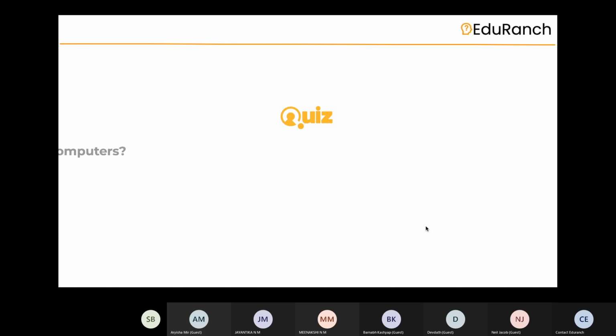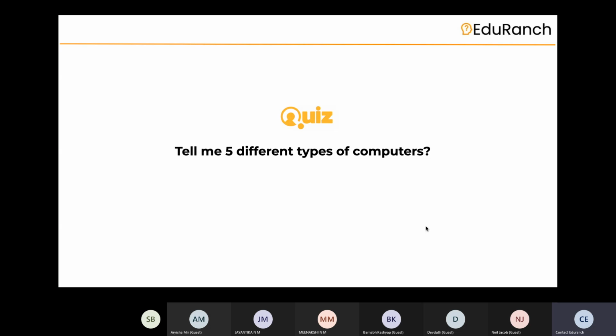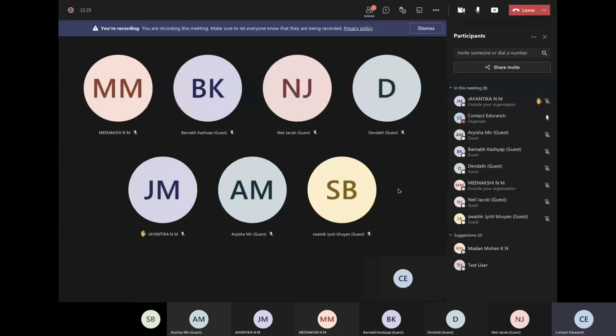Okay, so can someone think of different types of computers you have recently used? Any takers? Jayantika, you want to go?